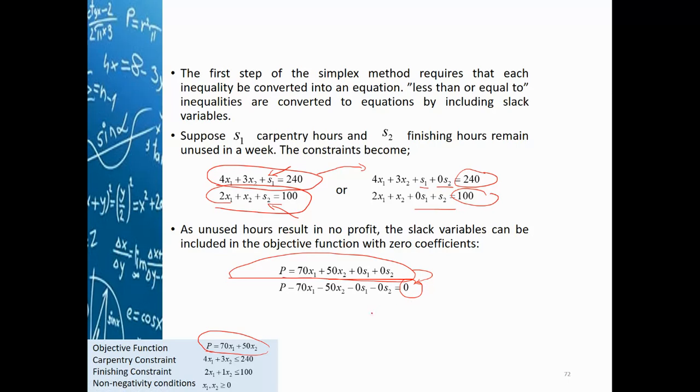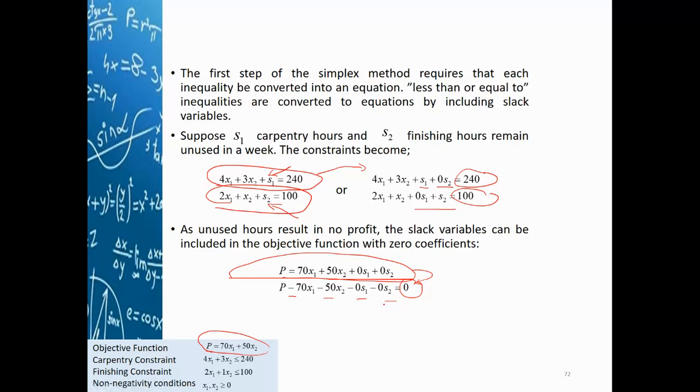To do this, you can just use your prior linear algebra knowledge: on your right hand side, you move all of this to your left hand side, and then you get zero. That's why you have negative here, negative here, negative here, and negative here, for the sake of transferring your right hand side materials on the first equation into your left hand side. All right, so this one is clear.